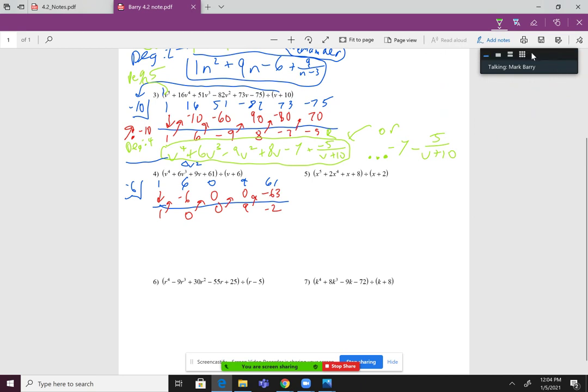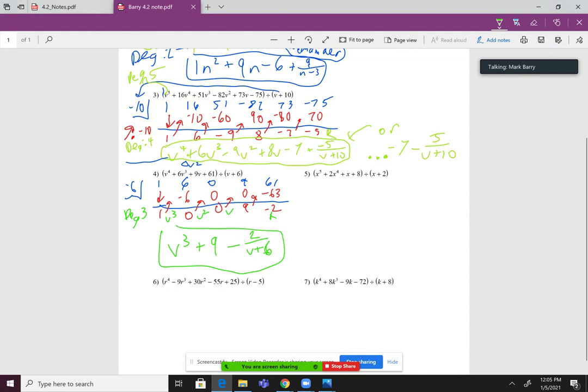So we know that since we started off with degree 4, this one should end up being degree 3. So this one's going to be v to the third, v squared, v. That's my number, and that's the remainder. Let me show you how I'm going to write this one: v to the third plus 9 minus 2 over v plus 6.